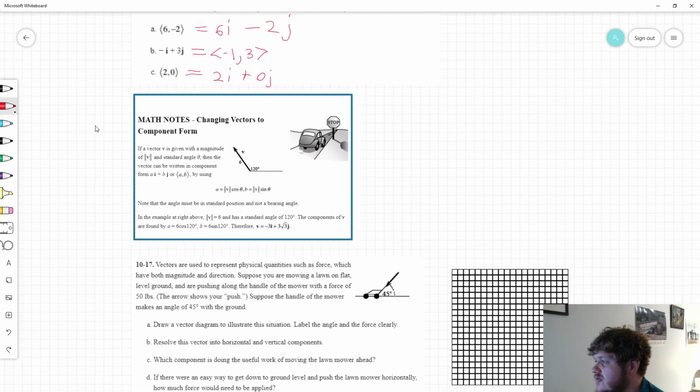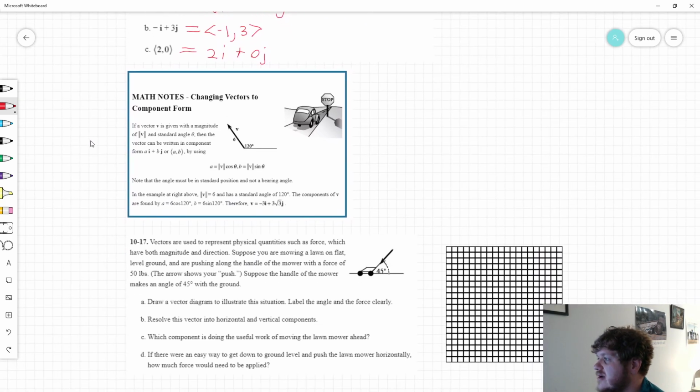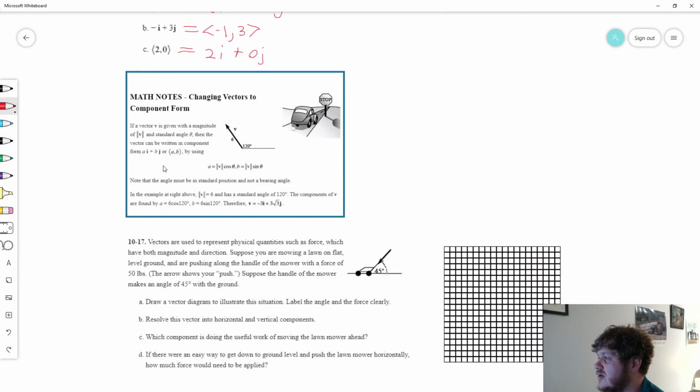And as we continue on, we're going to talk about changing vectors into component form. So in this case, we have vector v, which has a magnitude of 6 and an angle of 120 degrees. However, what we want to do is convert this from something where we have a magnitude and an angle into something where we just have it in component form.